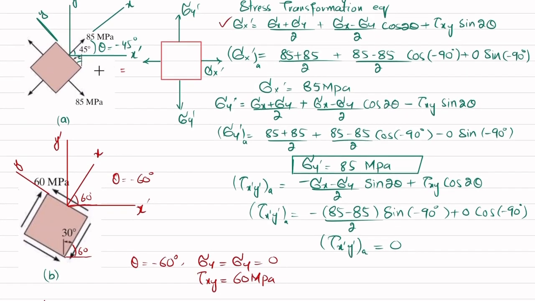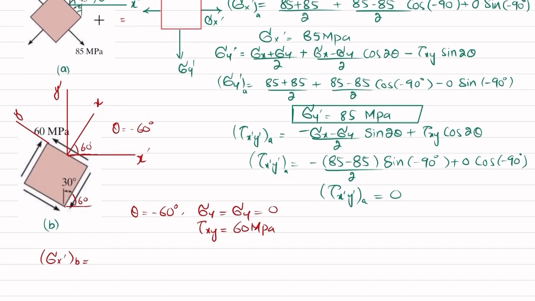This is the formula. So put the value: sigma x is 0 plus 0 divided by 2, plus 0 minus 0 divided by 2 into cos of 2 theta. So cos of minus 120 degree is minus 1/2, plus tau of xy, which is 60, into sine of 2 theta.